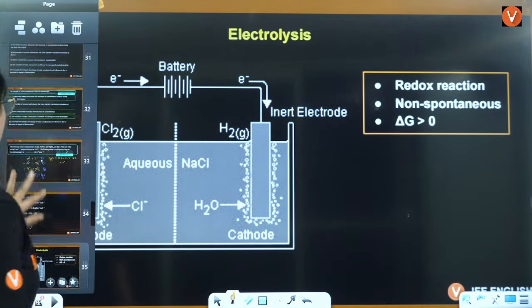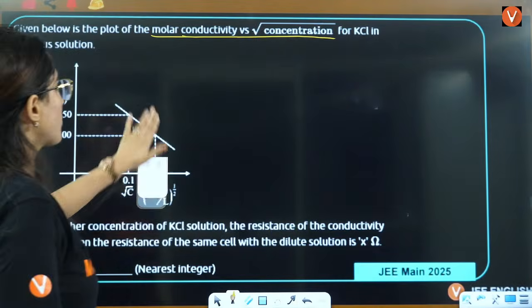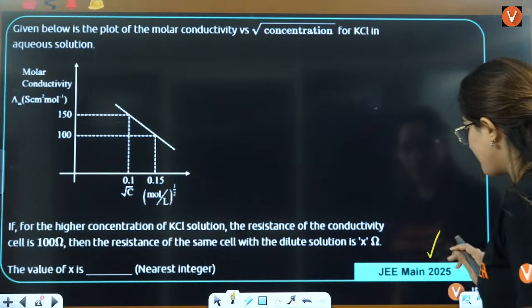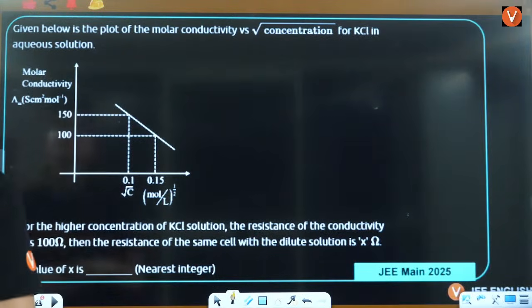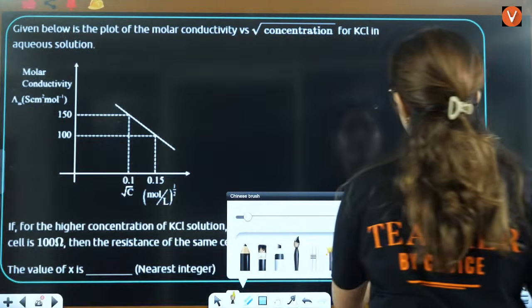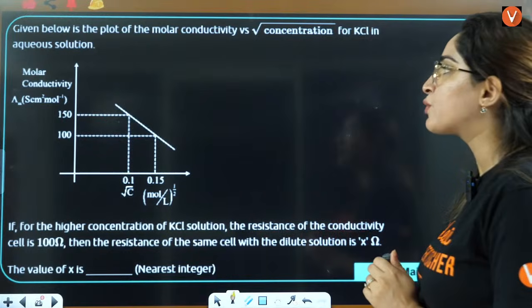Okay everybody, now let's see these two questions that they have asked in JEE 2025 based on conductance, conductivity only. Given below is the plot of molar conductivity versus concentration for KCl in aqueous solution.